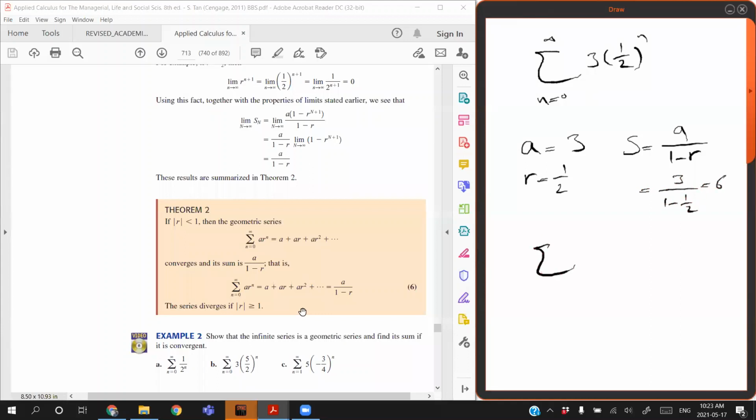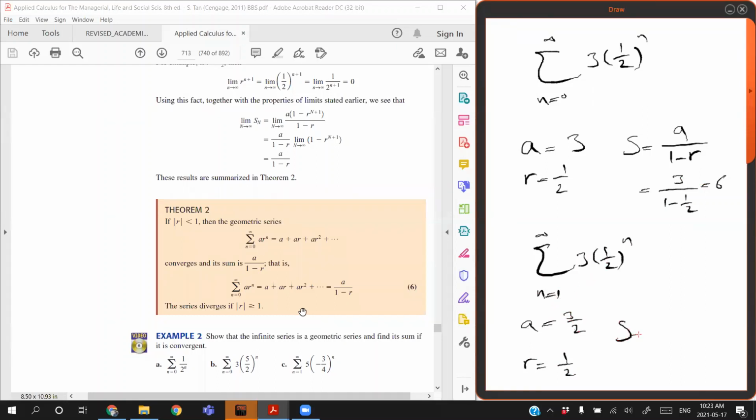Now, if I have the same series but it begins at 1, how do I calculate? It is still geometric, and r is still 1 over 2, but a would be different. Yes, because when you want to calculate the first term, you have to plug in 1. And 1 into this will give you 3 over 2.